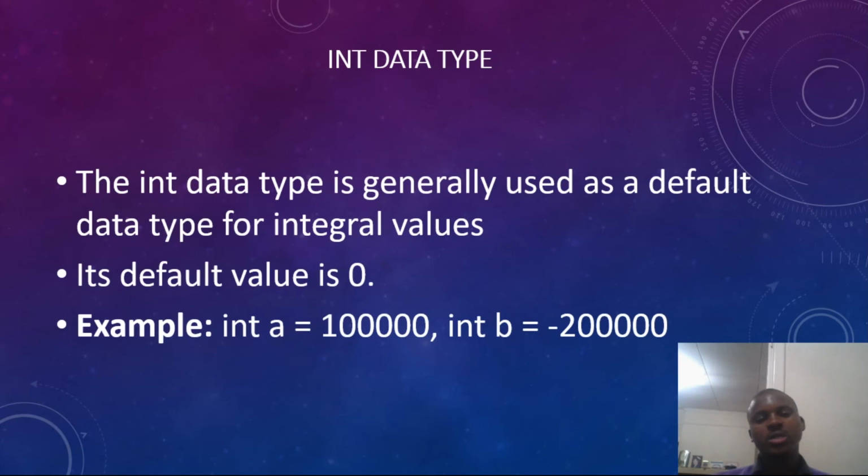Int a is initialized to 100,000, and int b is initialized to negative 200,000. Which means int can take a negative or a positive value, and these are not float or double values, but integral values, which are whole numbers or exact numbers.